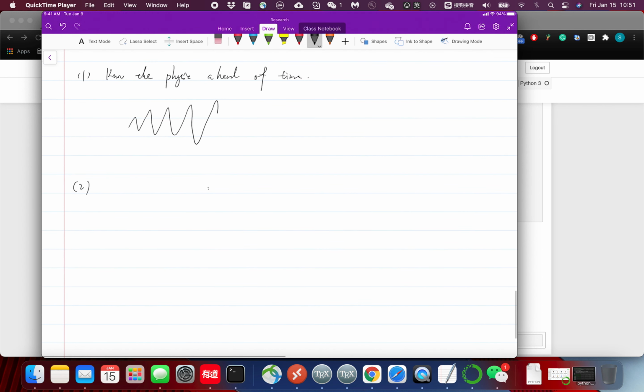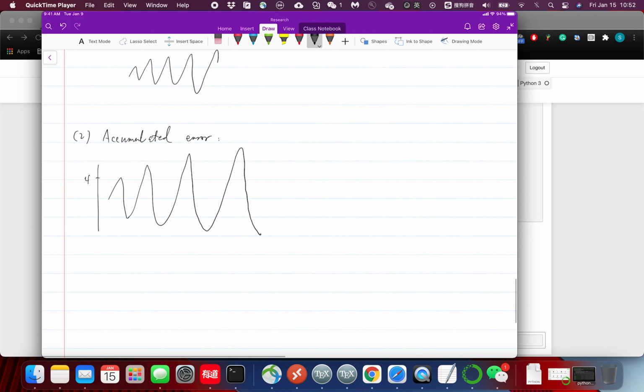Accumulated error. Remember, the oscillation at first is actually here with a +4 and -4, and then it goes to 5. So at first, the first oscillation is accurate. It's all the oscillation after that become more and more unreasonable.